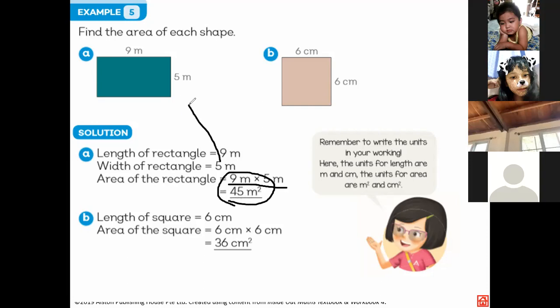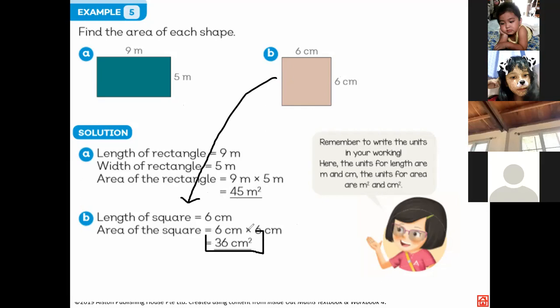That's for letter A. For letter B, we have 6 centimeters each side, so 6 centimeters multiplied by 6 centimeters is 36 centimeters squared.